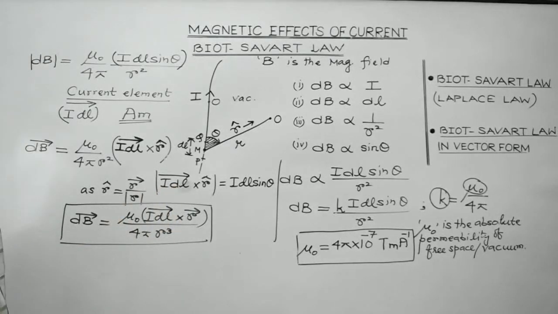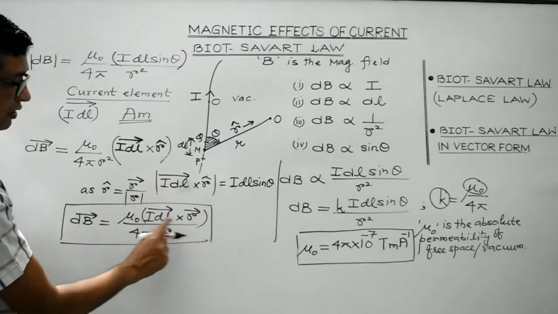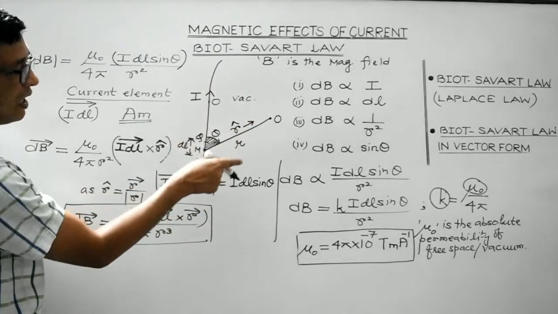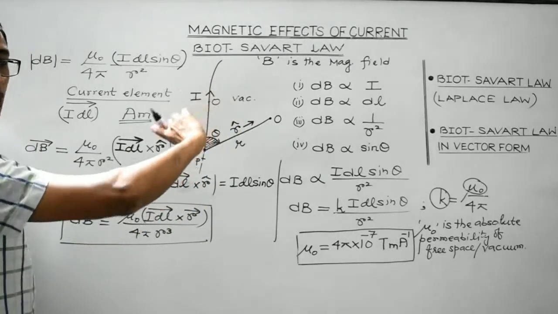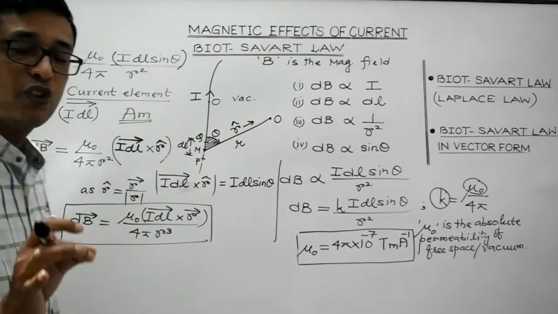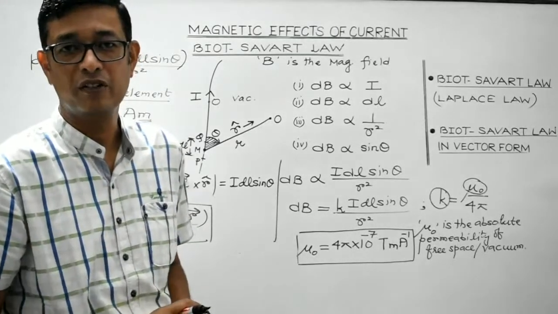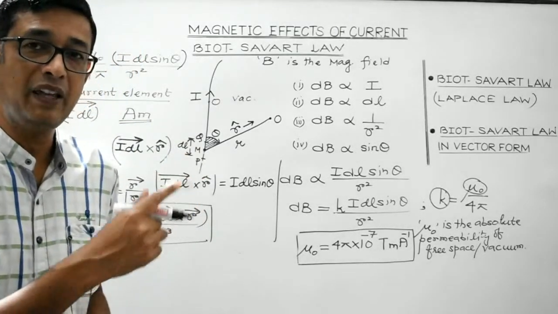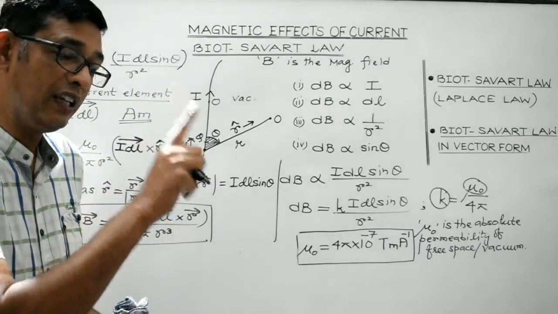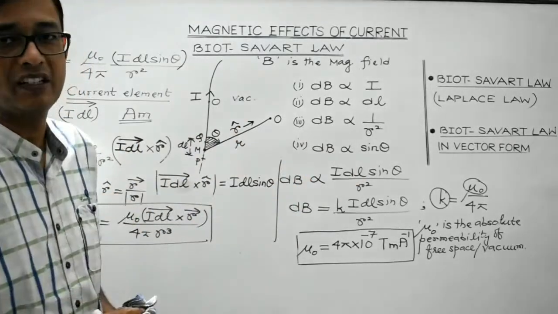Right, students? The angle between these two is measured or oriented from the dl vector to the r vector, so it is measured in the clockwise direction as shown in the figure. Clear? By making use of the properties of the vector product, we know that if r vector is given by a vector cross b vector, then r vector is perpendicular to both a vector as well as b vector.